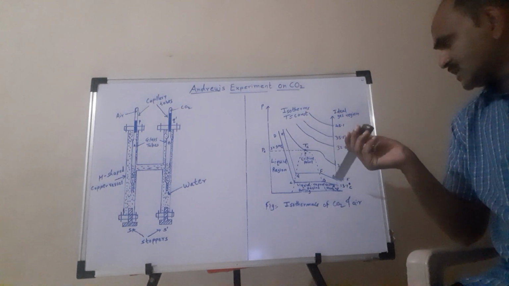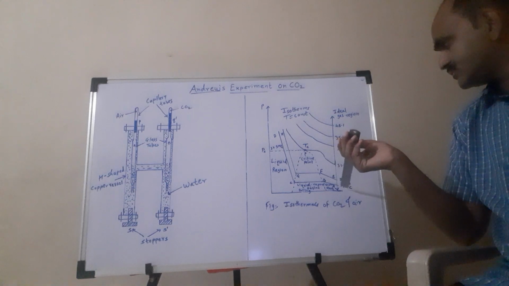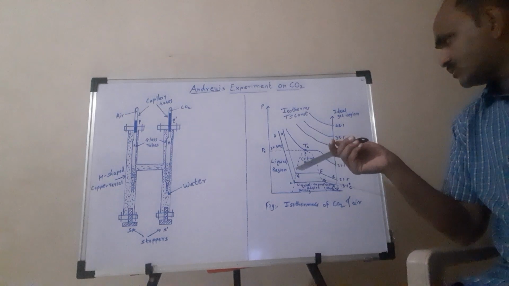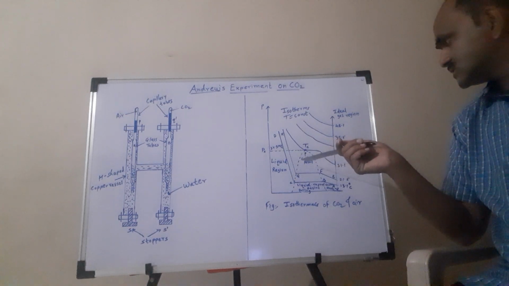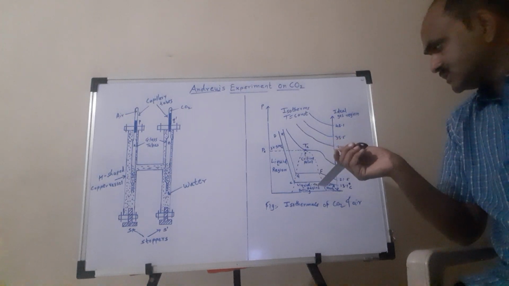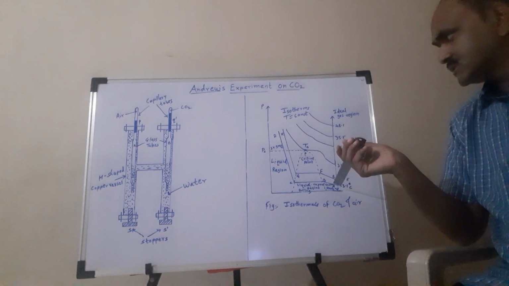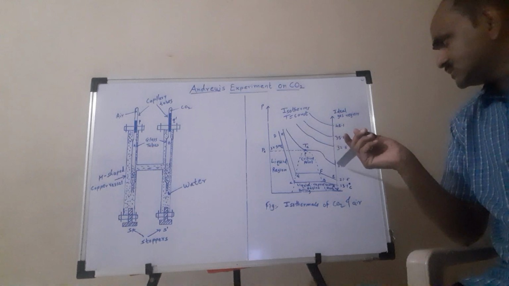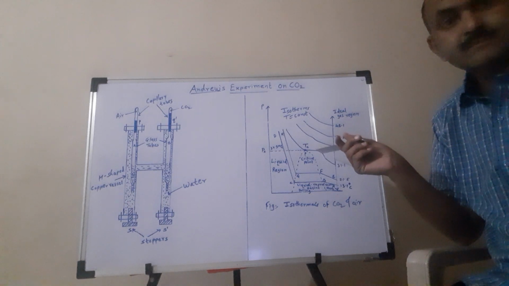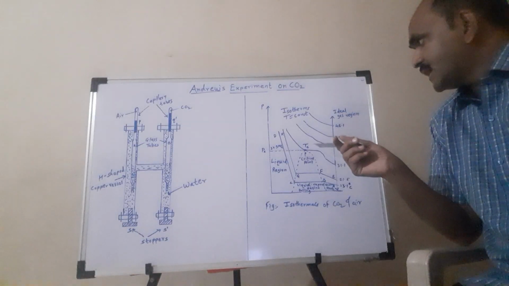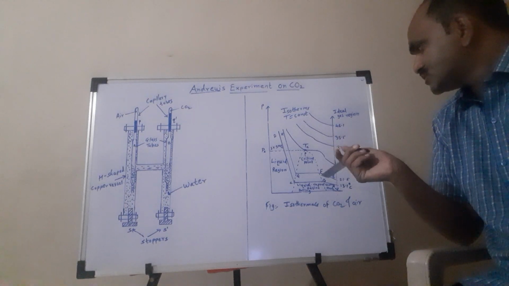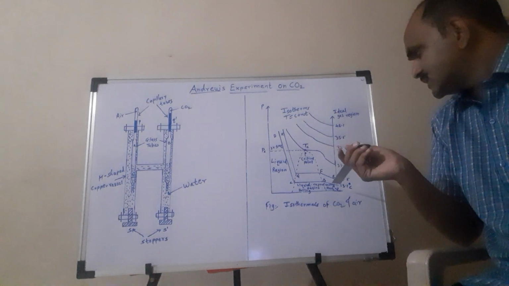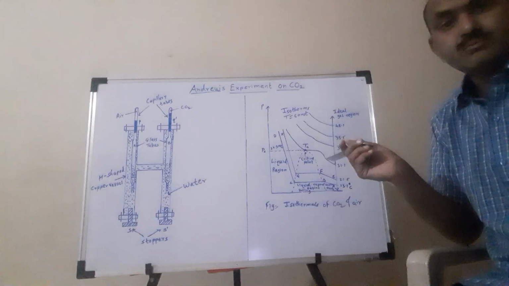So this is the portion AB. Then this is the liquid region, this is the liquid-vapor region, and this is the gas state region. At the particular temperature 31.1, which is the critical temperature, this portion GF is similar to BC, where the pressure stays constant with increase in volume.